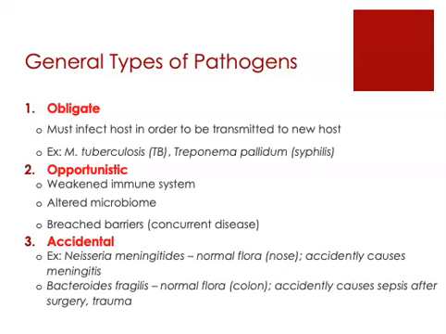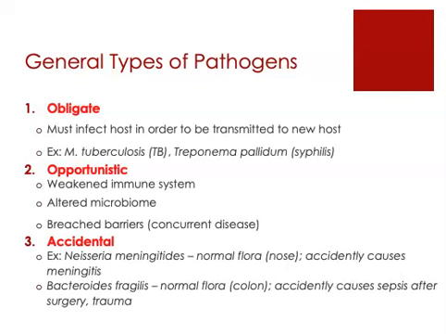Opportunistic pathogens are different. They are taking advantage of a set of circumstances in the host where the host is not quite as able to fight off disease. A weakened immune system, for example, an altered microbiome, for example, a breach in the normal epithelial barriers.